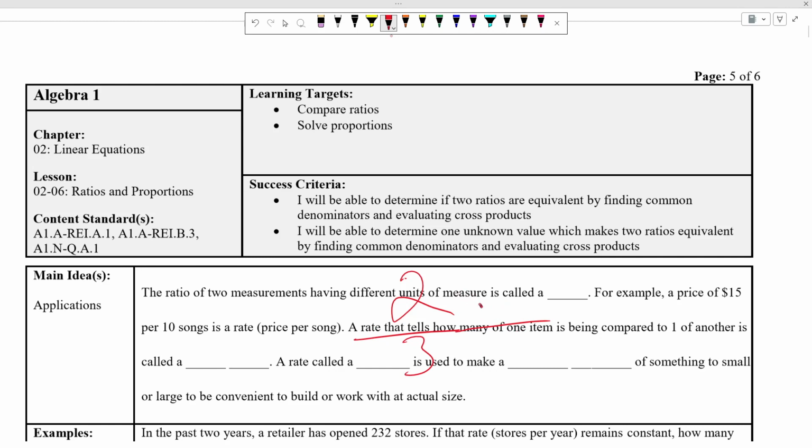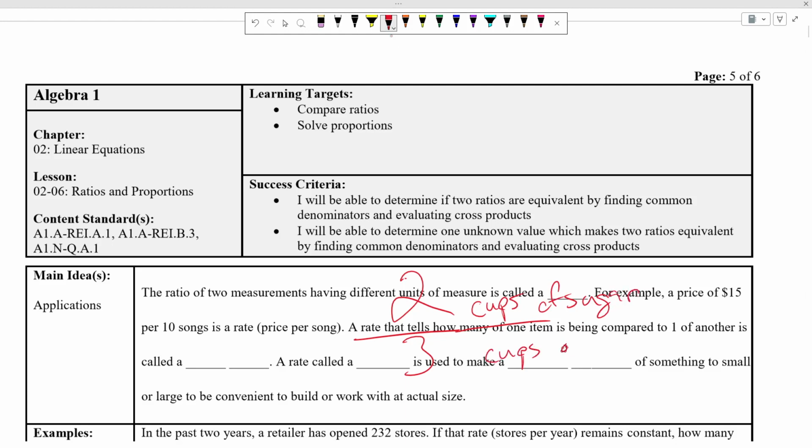So you could say 2 to 3, and make the comparison of 2 cups of sugar as it relates to 3 cups of sugar.